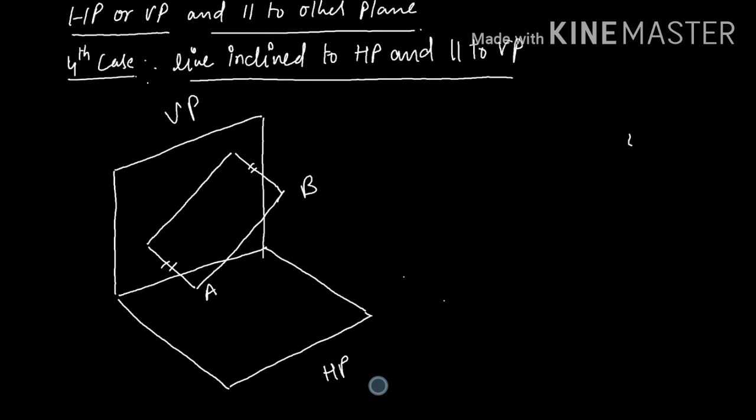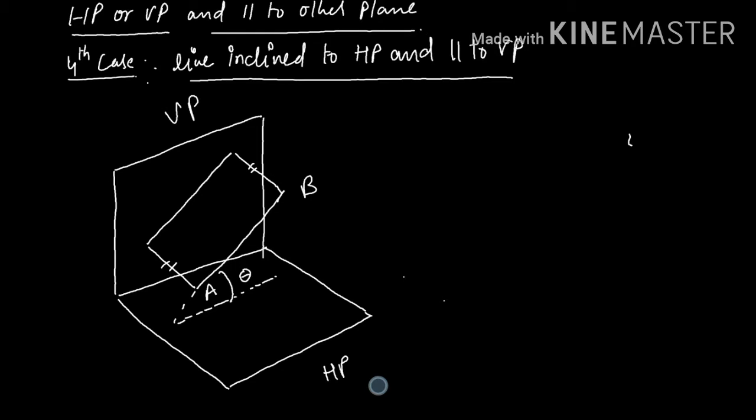If they are at equal distance, then the line would be parallel to VP, since if I extend this, it will meet on the x-axis. This is the angle, let's say theta. So you can easily see the line AB is inclined to HP, making a certain angle theta, and at the same time the line is parallel to VP.